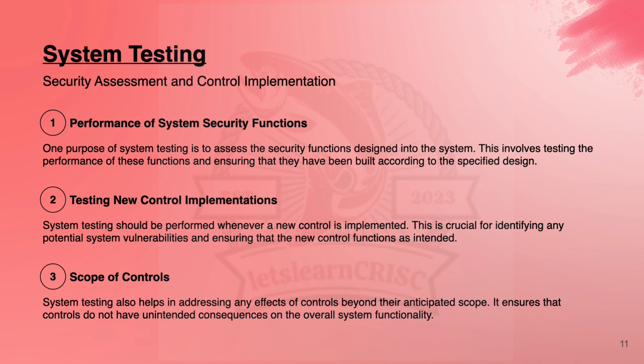So we can say that system testing is a critical step in addressing the effect of controls beyond their anticipated scope. It ensures that controls do not have unintended consequences on the overall system functionality by systematically evaluating their impact and providing opportunities for proactive mitigation and continuous improvement.